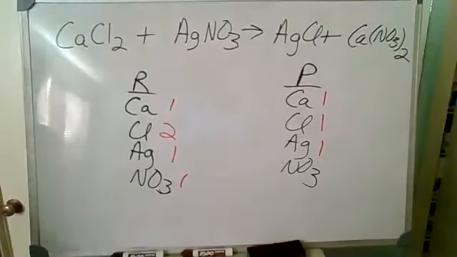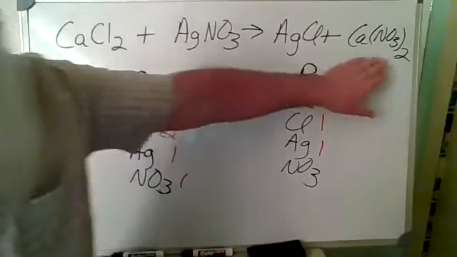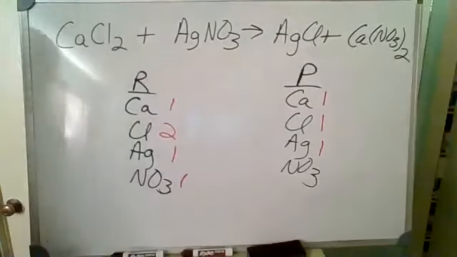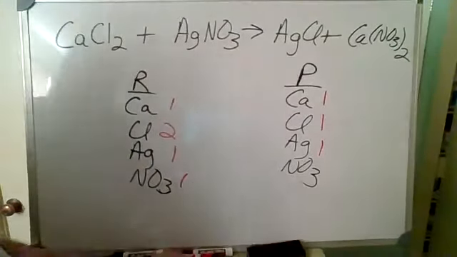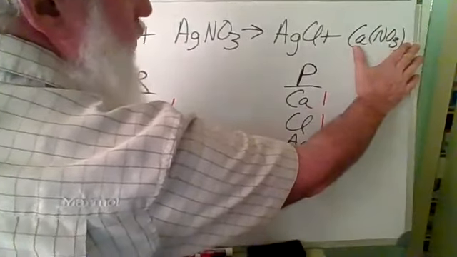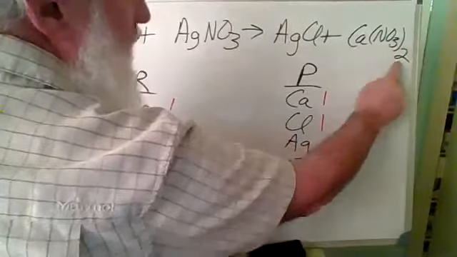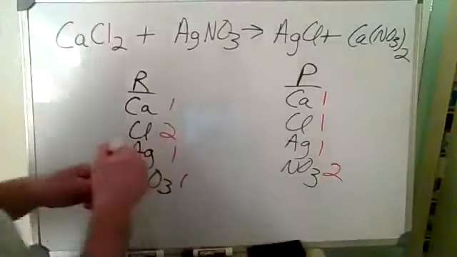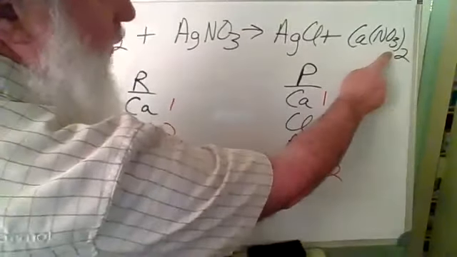Actually, we have seen this. You did representative nomenclature. So I'm going to cover up that subscript. There's 1 nitrate anion times 2 is 2 nitrate anions. So what's immediately before the 2? A parenthesis.